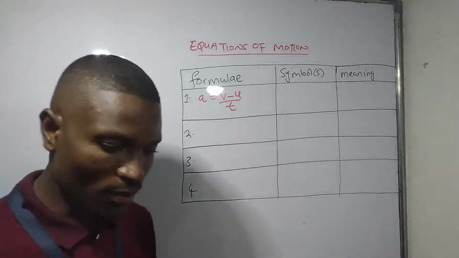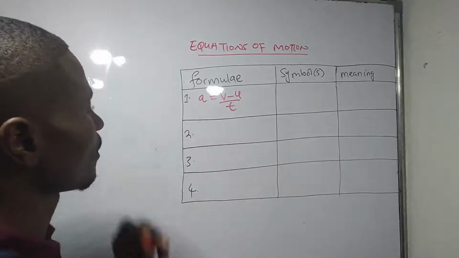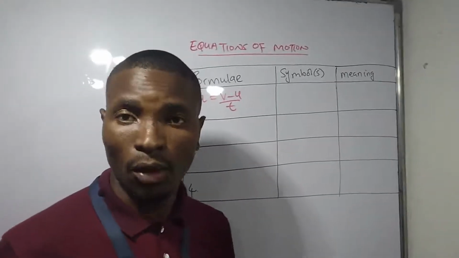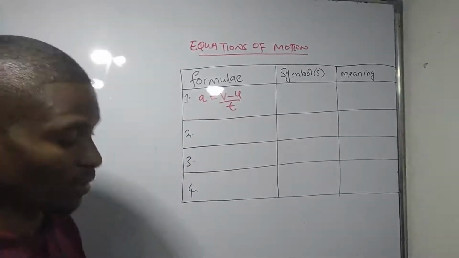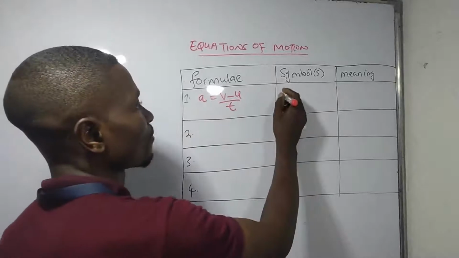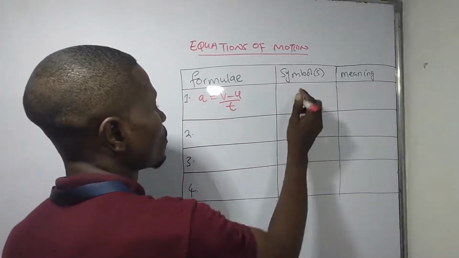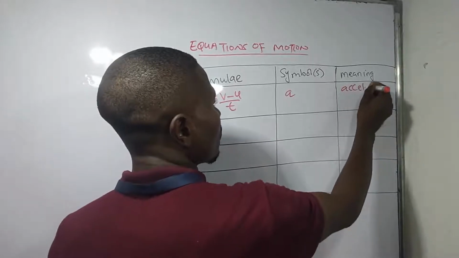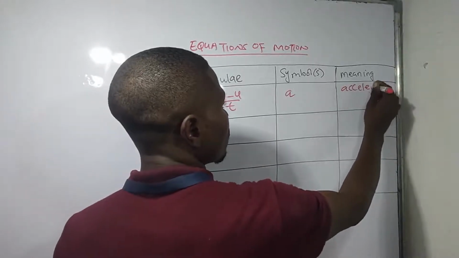The symbol used is a, and the meaning is acceleration.